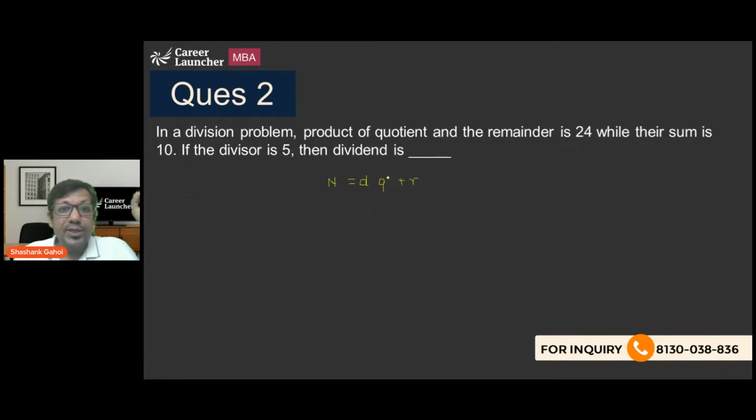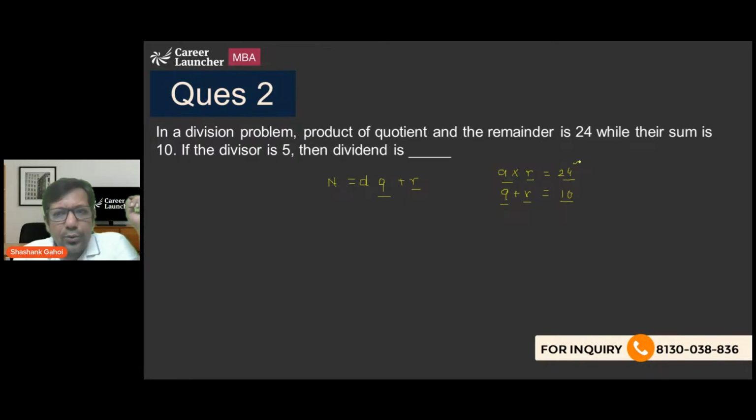Now it says that quotient and remainder, so q into r is equal to 24, and their sum is q plus r is equal to 10. So two numbers are adding up to 10, and two numbers that are going to have a product of 24.